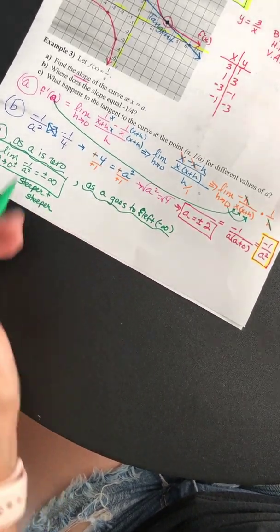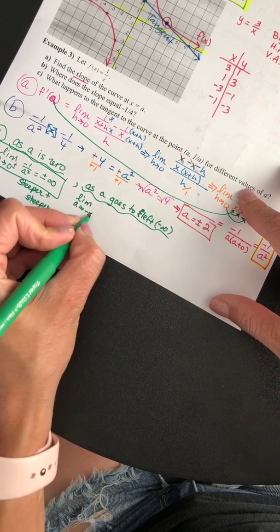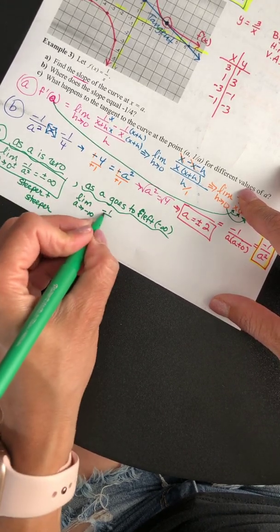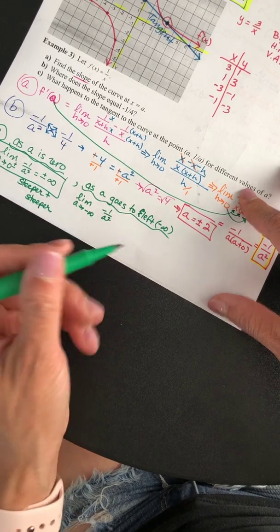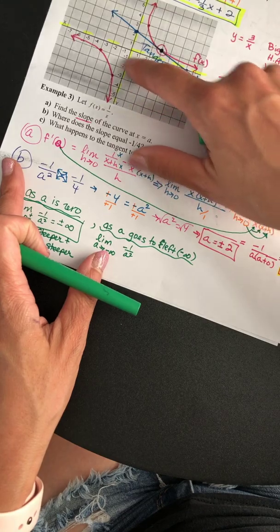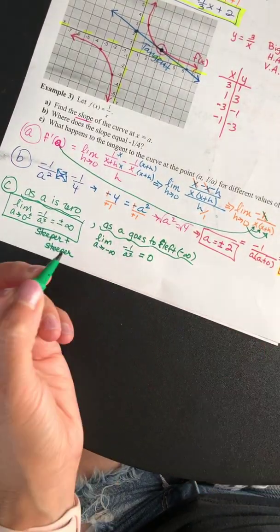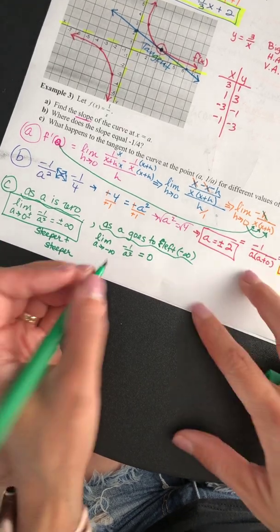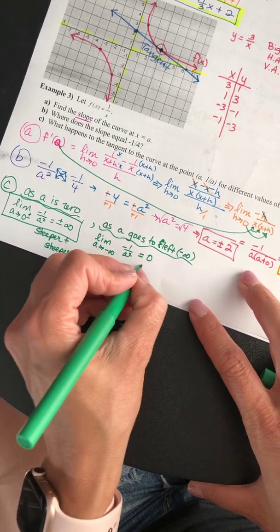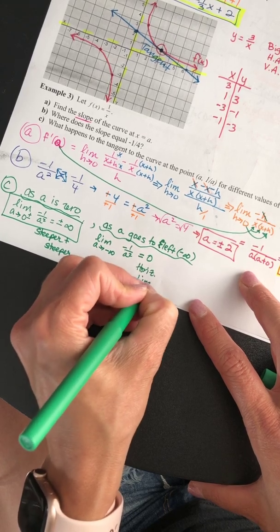So the way I write that is the limit as a approaches negative infinity of negative 1 over a squared. Well, as we're going to negative infinity, the y value that we are approaching is going to be 0. So the limit will be 0, which means the slope is 0, which means this is a horizontal line.